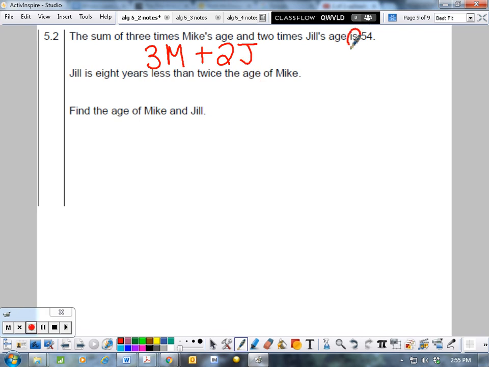And that is, so that's our keyword for equals, 54. Now, we also know that Jill is, so Jill is means equals, 8 years less, so I'm subtracting 8 years, than twice the age of Mike. So 2 times Mike's age.